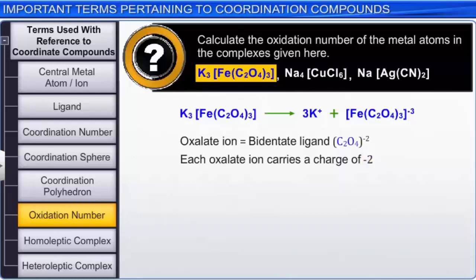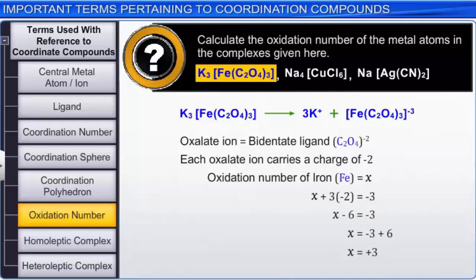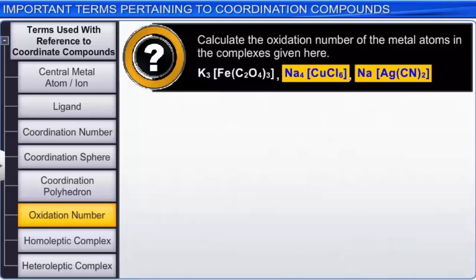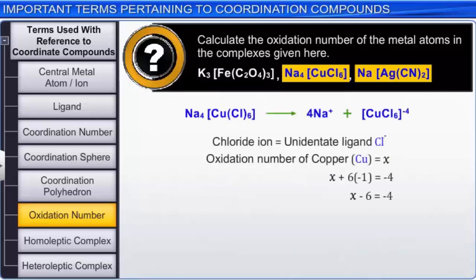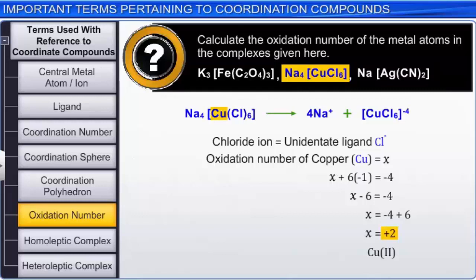The oxidation number of iron, which is assumed as x, is calculated as x + 3 × (-2) = -3. On simplification, we get x = +3. Hence, the oxidation number of iron is +3. Similarly, the oxidation numbers of copper and silver in the other two complexes are calculated as +2 and +1, as shown.